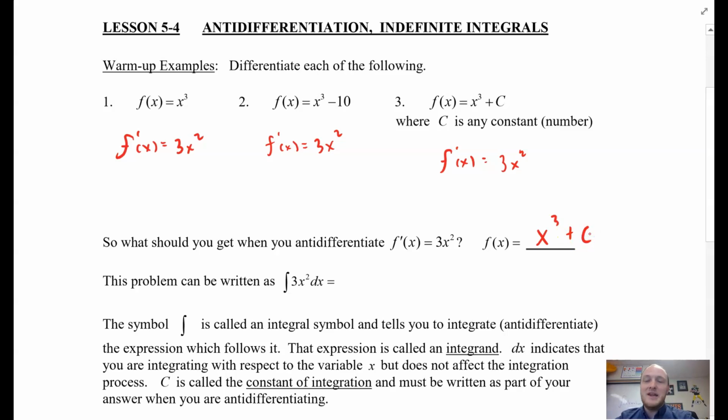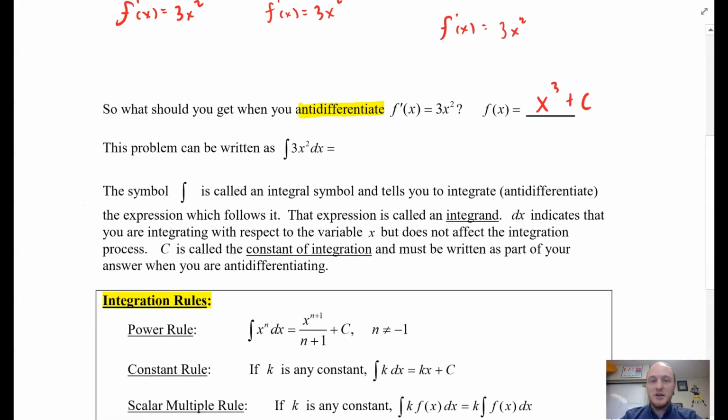Anti-differentiation is known as the same thing as integration, and it can be written just like this. We have this symbol here, which is called an integral. I want you to say that with me: integral. Okay, good job. That tells you to integrate or anti-differentiate.